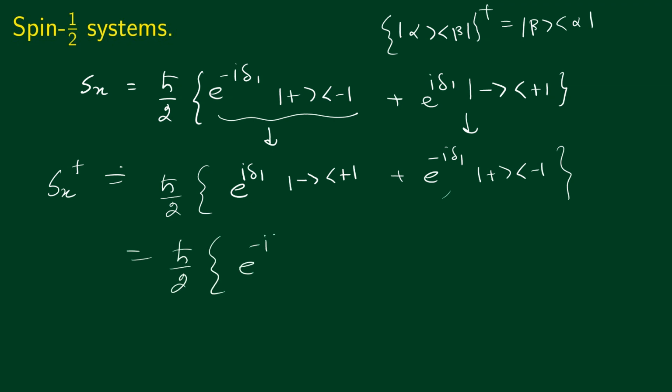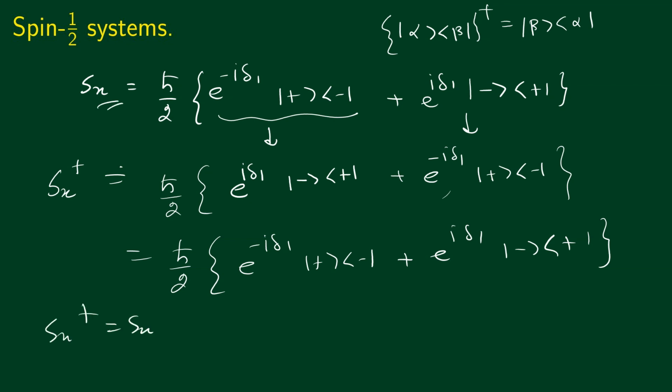This is e raised to minus I delta 1 ket plus bra minus plus e raised to I delta 1 ket minus bra plus, which is exactly Sx. We see that Sx dagger is equal to Sx, or in other words, it is Hermitian. We just made use of this rule, and as I said, we have already proven this, so I am not going to prove it again here.